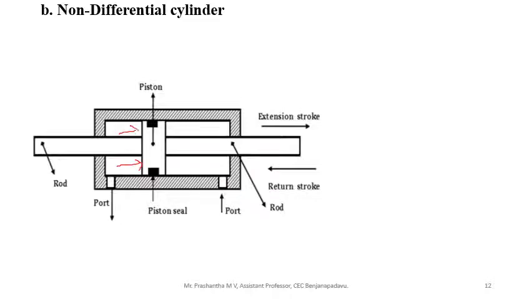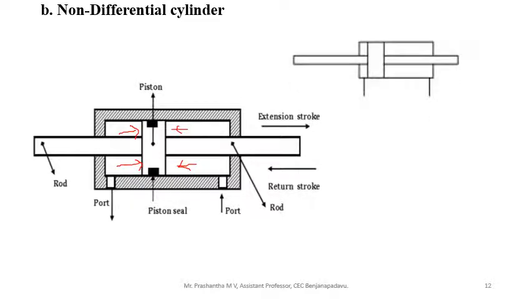Look at here, the force acts on an annulus area at either end of the piston. So it is a non-differential cylinder. This one is the symbolic representation of the non-differential cylinder.